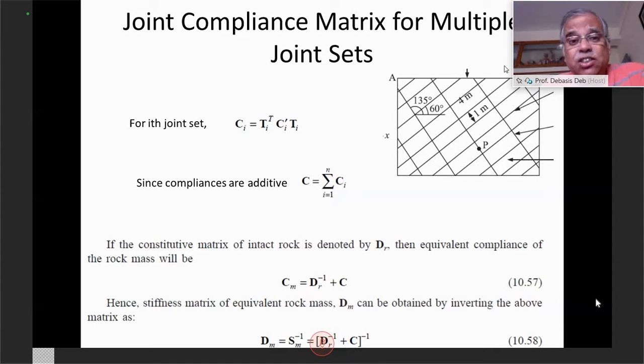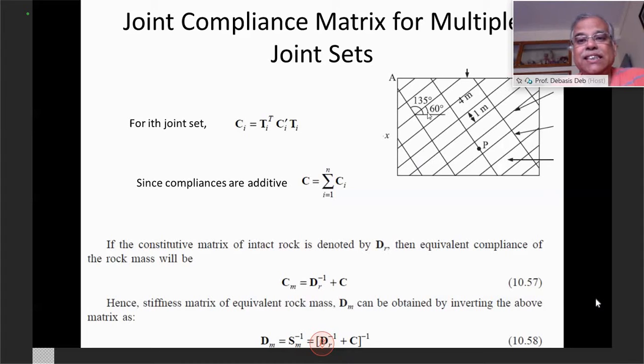So for each joint set, now we can calculate this, right? For joint set I, let's say we are taking these joint sets, its spacing, 1 meter is given. So when you are calculating this, you will put that 1 meter, and this angle will be given to you.